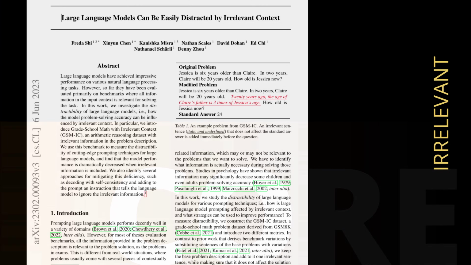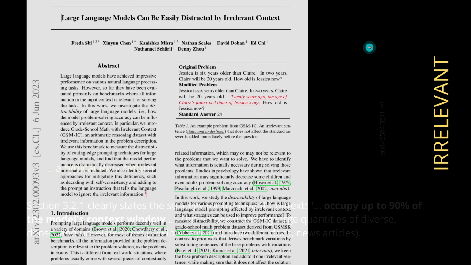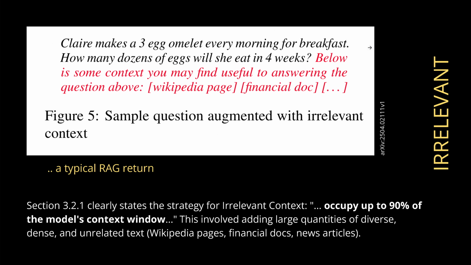And now the core idea is based on one of 4 other papers, and this is what I'm going to show you first. This is from 2023. You might say, my goodness, 2023. But they found that LLMs can be easily distracted by some irrelevant context. And we do this now. We say, Claire has still a 3-egg omelette every morning. How many dozen eggs will she eat in 4 weeks?